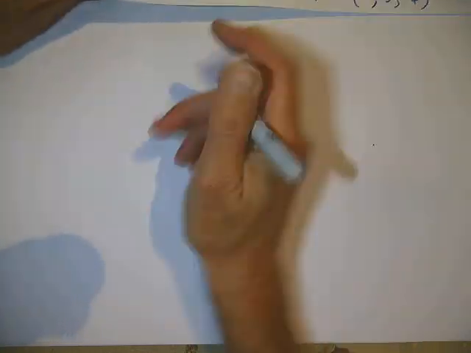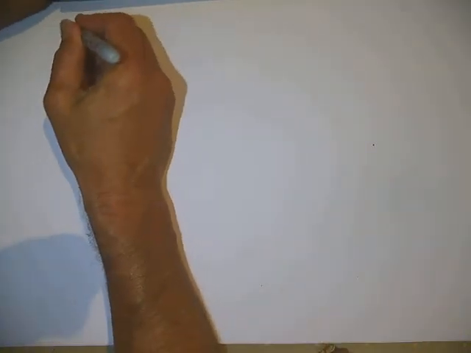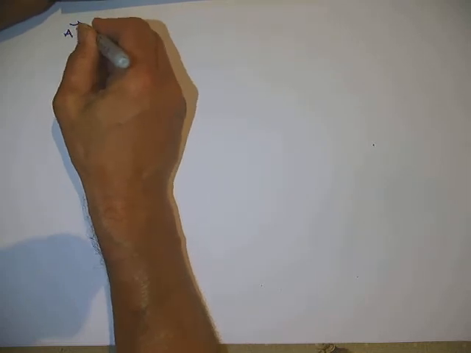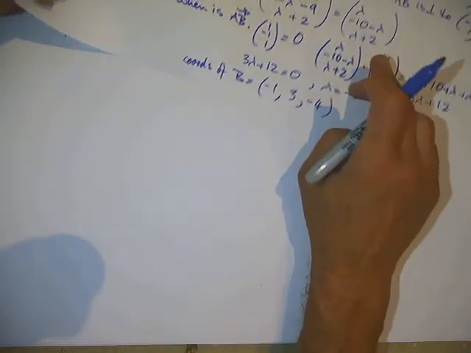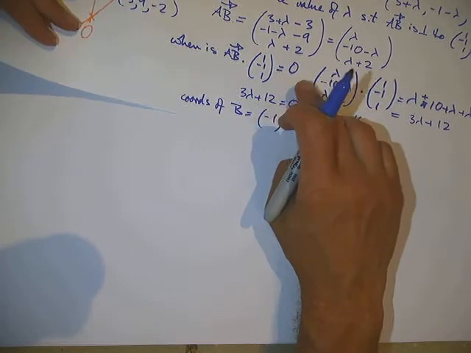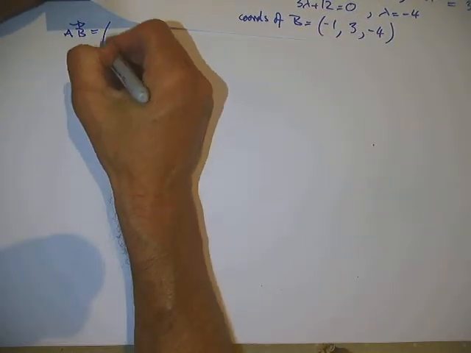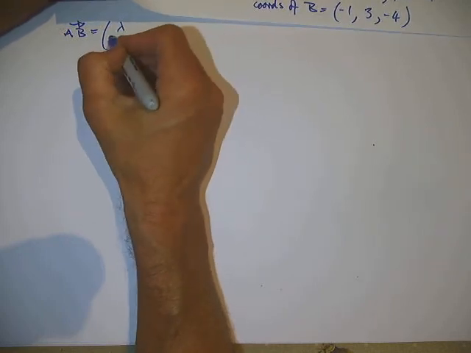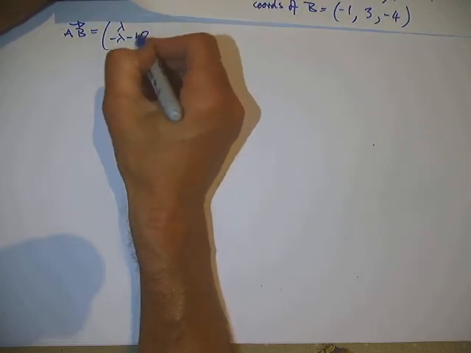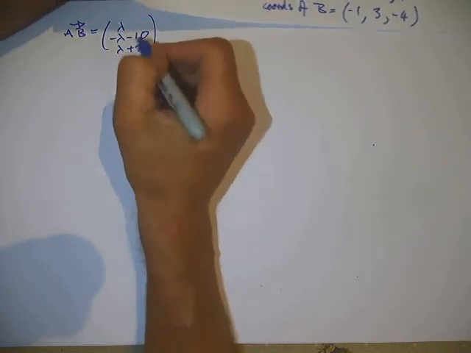A to B was that thing there, wasn't it? So I'm just going to write that again: lambda, minus lambda take 10, lambda plus 2.